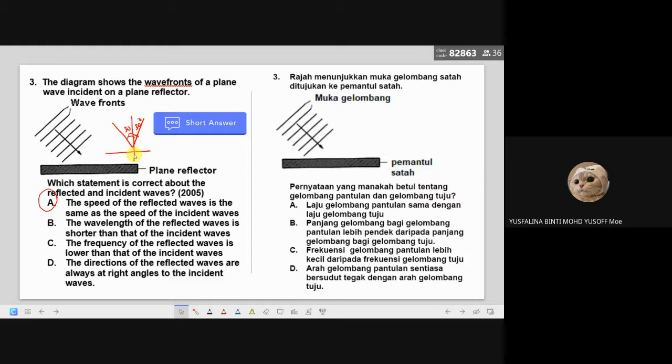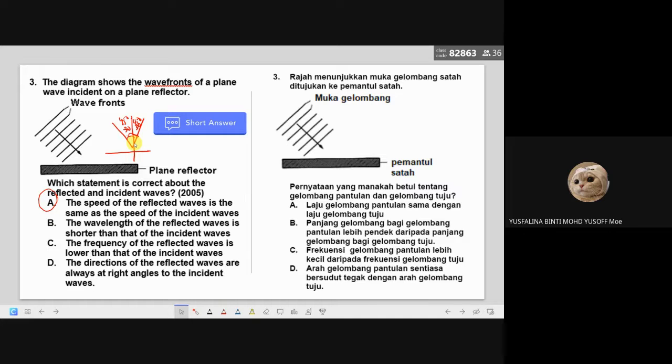It can be any angle, as long as the angle of incidence and the angle of reflection are the same. If it's 30 degrees and 30 degrees, the reflection of the wave can still occur. The angle of i and r must be the same, but not always 90 degrees.